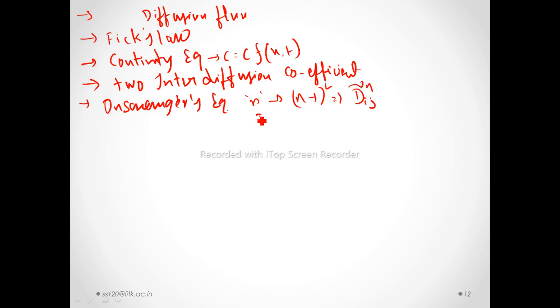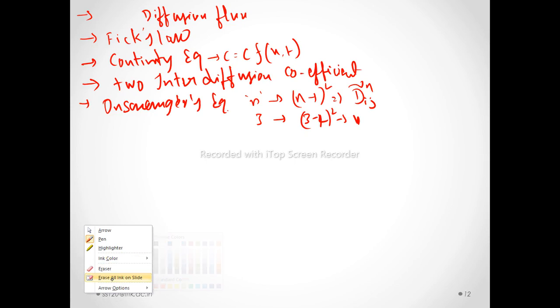For example, for a ternary system, (3 minus 1) whole square, that means 4 interdiffusion coefficients are required. So these are the fundamental concepts that we have covered in the previous sessions.